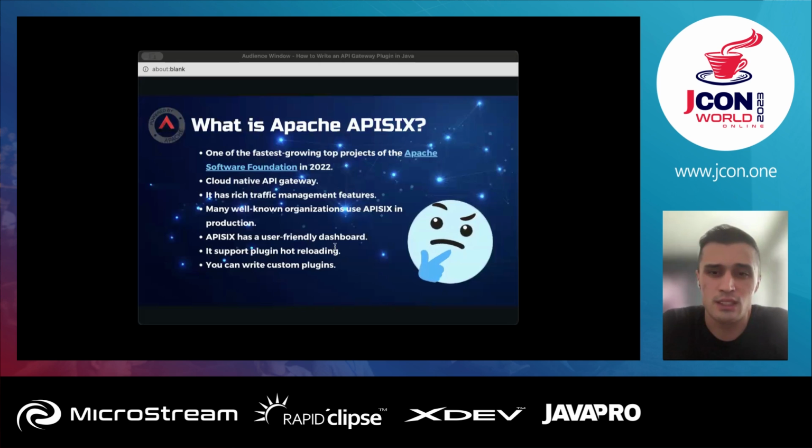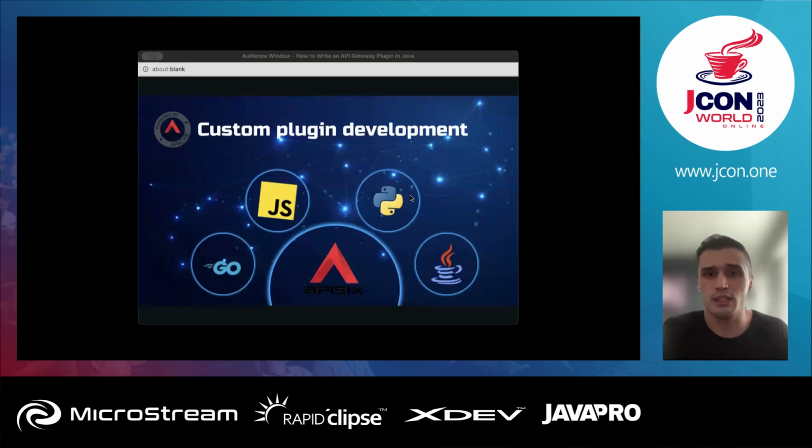Why is APISIX good for me? There are some other API gateway providers. We have Kong, we have the rest, but APISIX gives us some flexibility to build our custom plugins. Even though APISIX was initially written in the Lua programming language, I don't know Lua because I'm a Java developer.